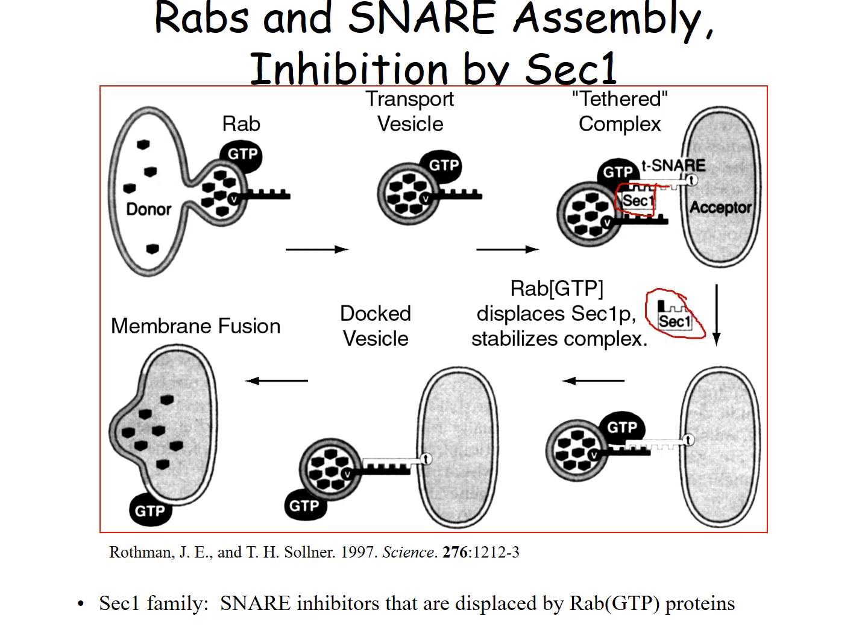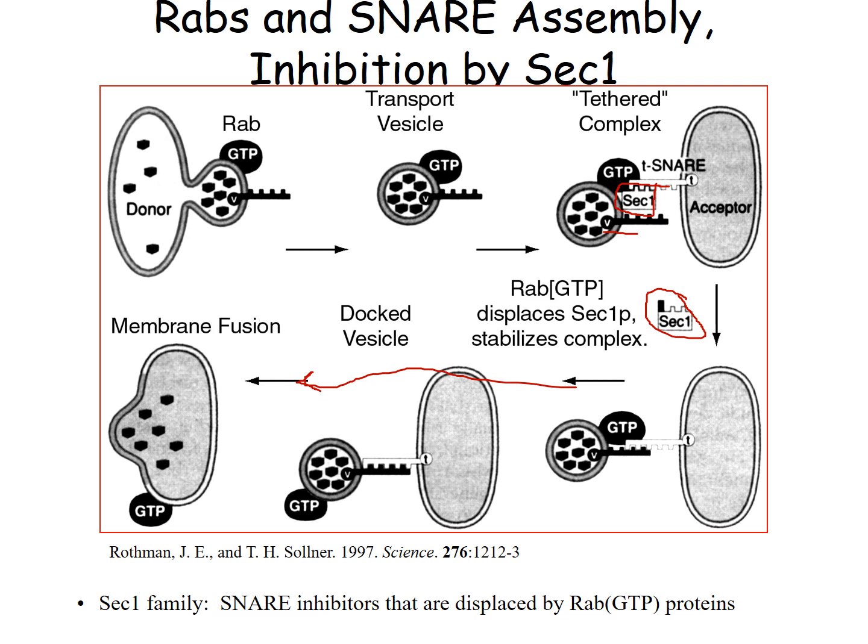So you tip your hat to the V snares, and now the RAB with others regulates, and then you get a fusion here, and it showed the fusion event occurring. So part of the regulation is you cap the T snares to make sure they only are available for binding to the correct V snares, and SEC1 does that.